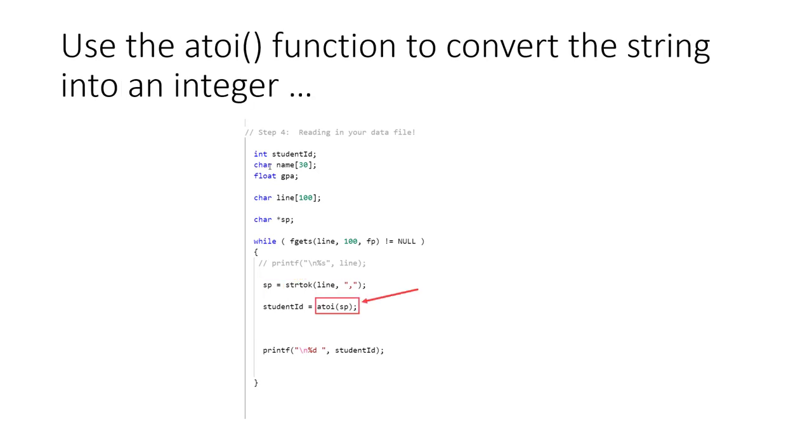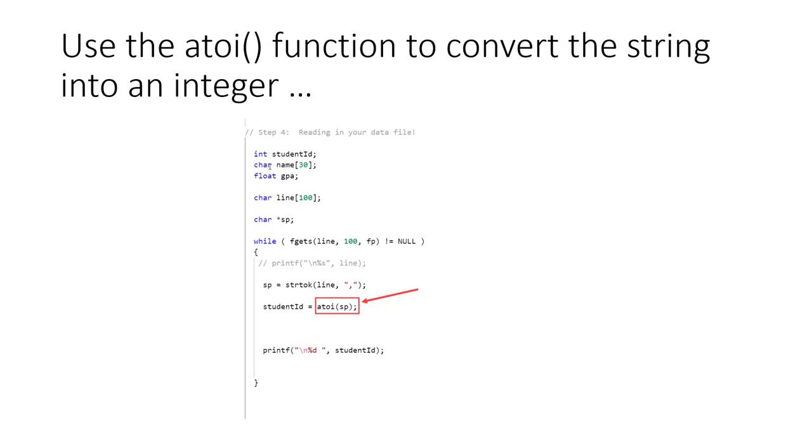Next, we're going to use what we call the atoi function to convert the string to an integer. A meaning character data or string, to I meaning integer. So right now our string pointer is an entire string. So if you remember, our data file had 1, 2, 3, 4, 5. But that 1, 2, 3, 4, 5 is a string.